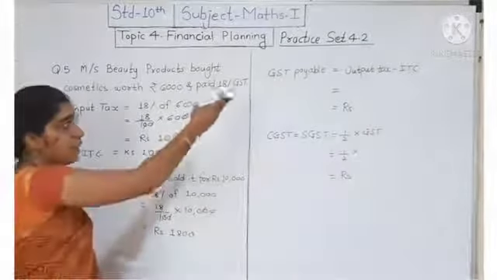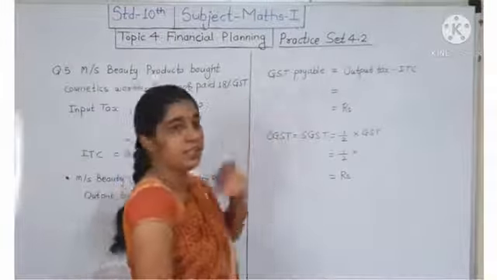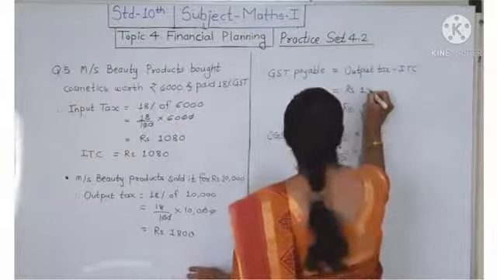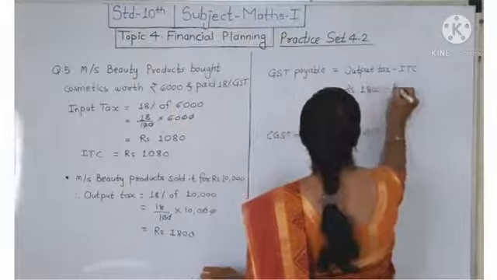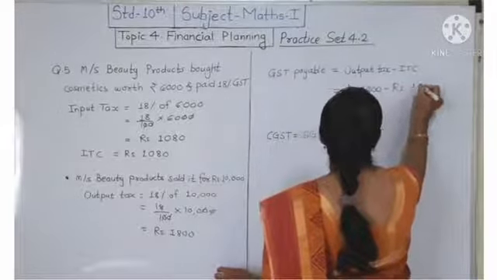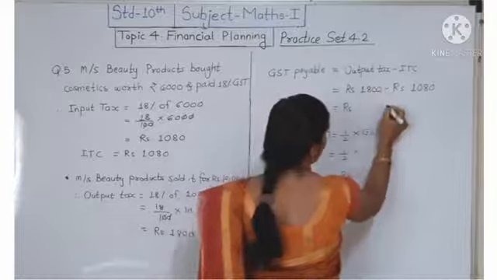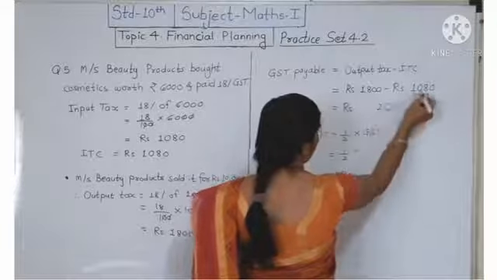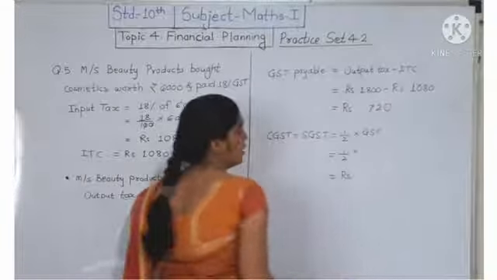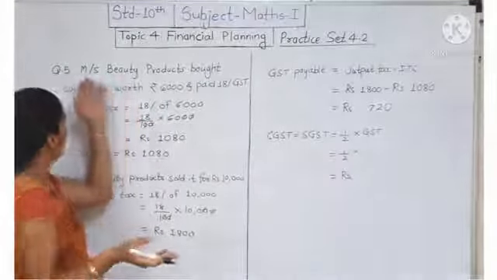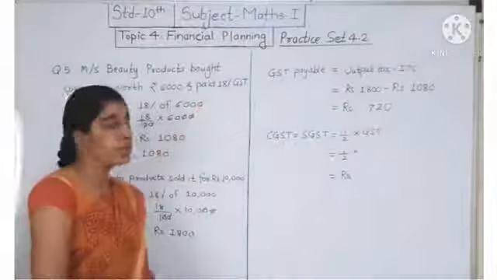So GST payable is output tax minus input tax paid. What is the output tax? 1800 minus what is the input tax? 1080. So we calculate this. It is rupees 720 is the GST payable for Mrs. Beauty Products. Okay.